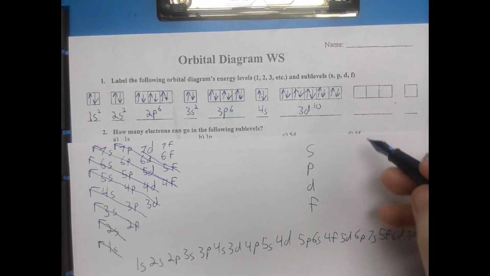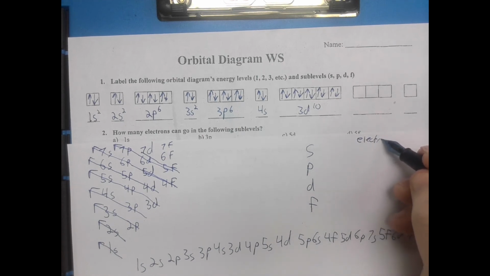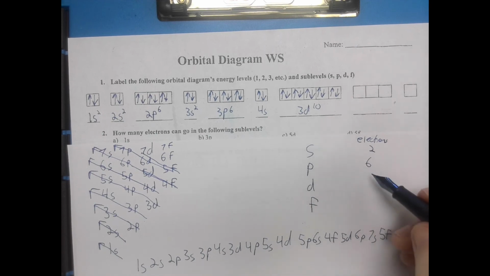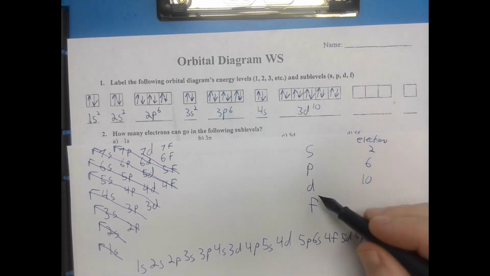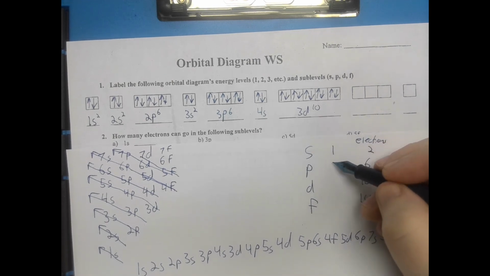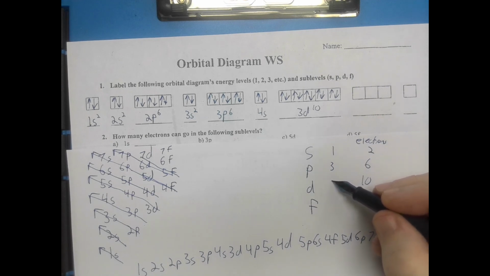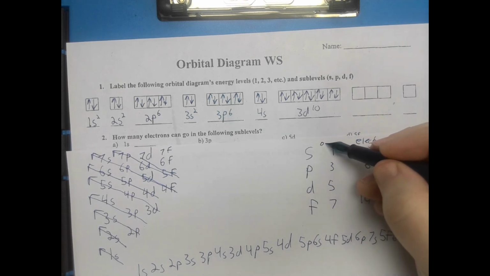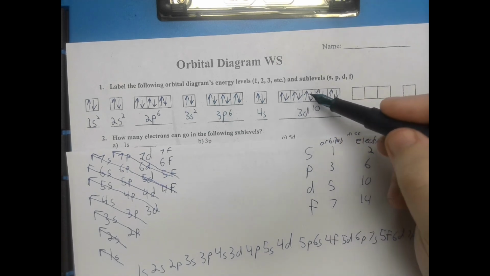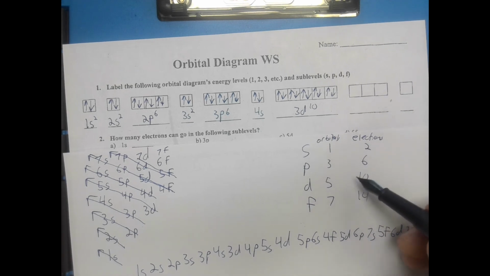You should memorize that there are, we're just looking at electrons, there are 2 in S, 6 in P, 10 in D, and 14 in F. There is 1 S orbital, 3 orbitals for P, and so the odd numbers. So these are the orbitals, or blocks. In this diagram, there is 1, 2, 3, 4, 5 squares. When they get the electrons, you just multiply by 2.